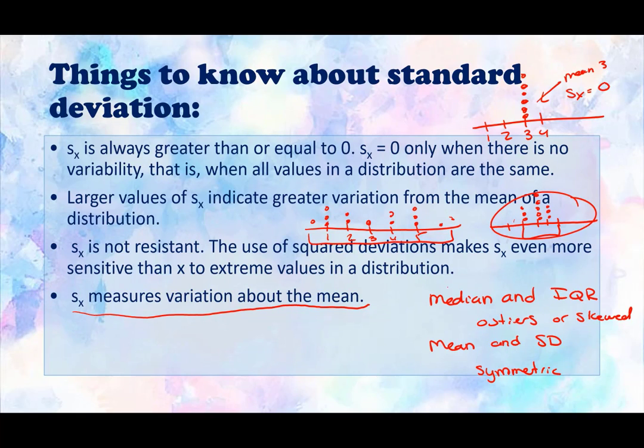And this is a very, very important note here: if you have a very skewed distribution or a distribution with a lot of outliers, because the median and IQR are resistant to outliers, we use those to measure center and spread. If it's roughly symmetric and there's nothing crazy going on, we'll use the mean and standard deviation as your measures of center and spread.